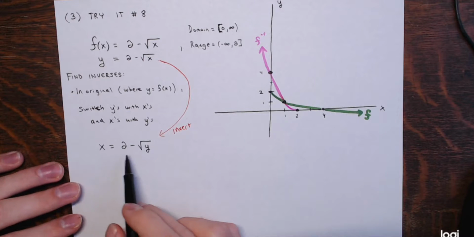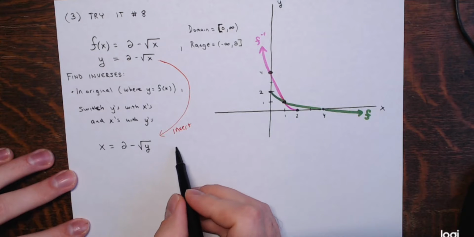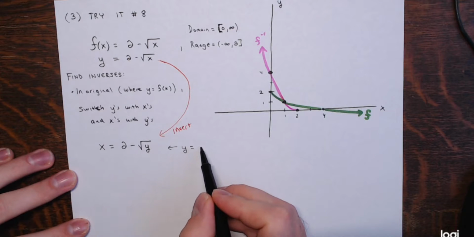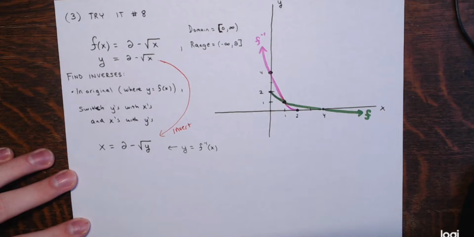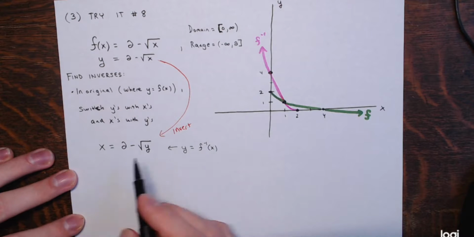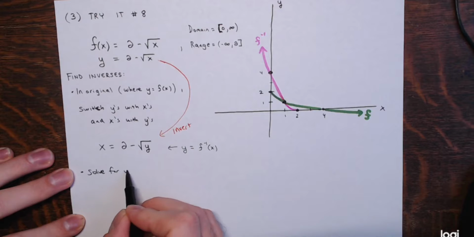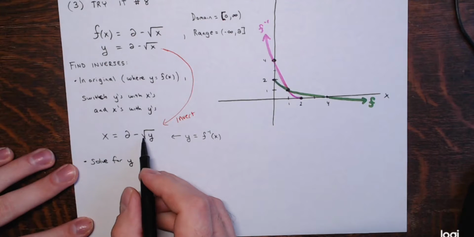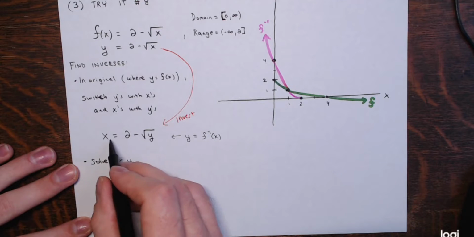And now we just solve for y. And here, y represents f inverse of x. We inverted, so y doesn't represent f of x like in the original, it represents f inverse of x. And then we solve for y, and that'll be the rule. So I would add the square root of y, subtract 2, multiply by negative 1.